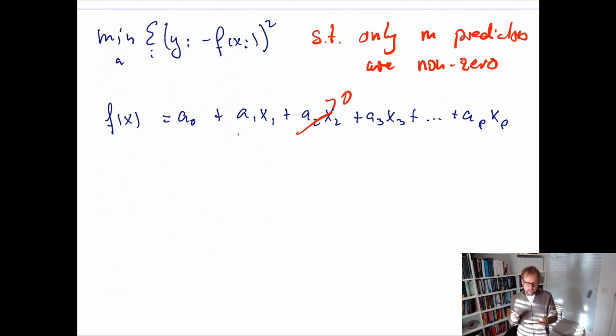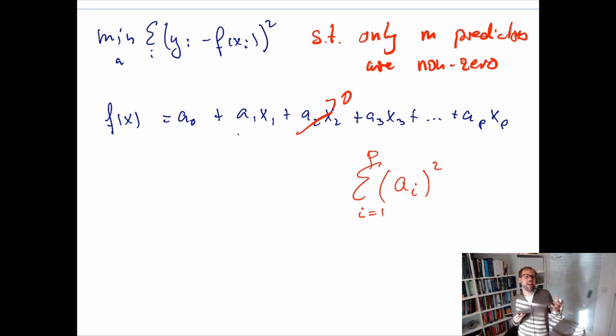So if I take all the a_i, square them and sum over them, ignoring a0, so from 1 to p, then if I do subset selection and set some of them to 0, this sum would necessarily be smaller.